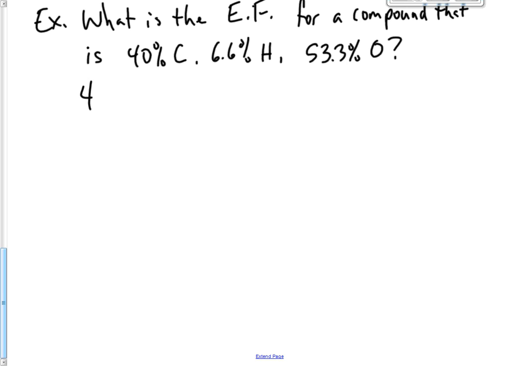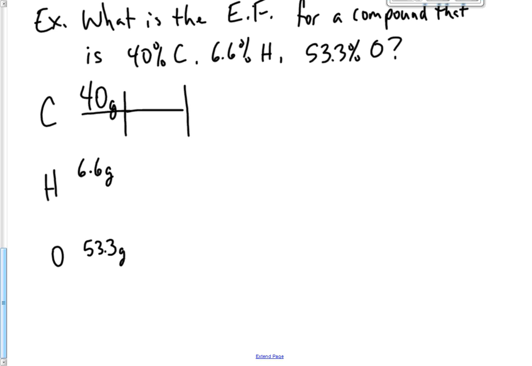So we have 40 grams of carbon, 6.6 grams of hydrogen, and 53.3 grams of oxygen. That's step number one. Step number two, convert them all into moles.